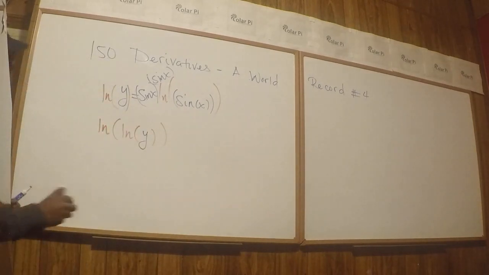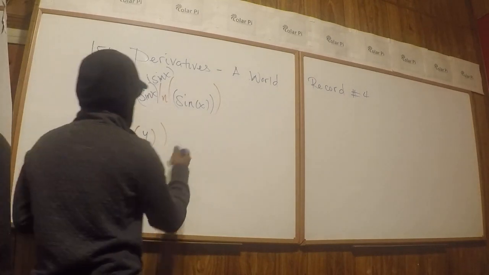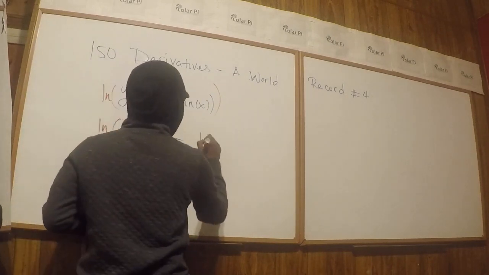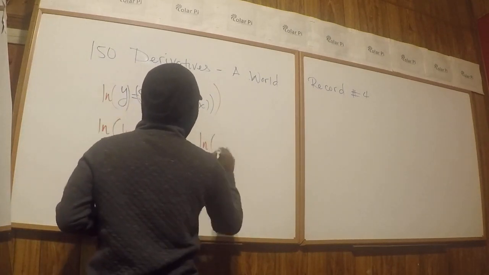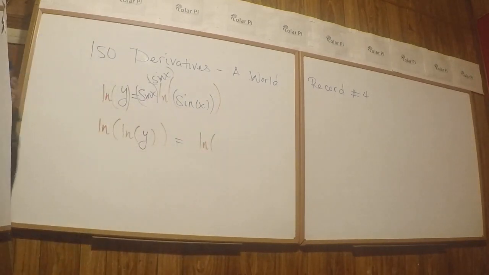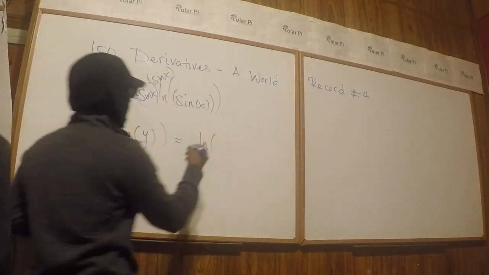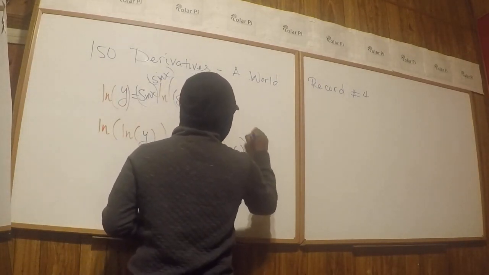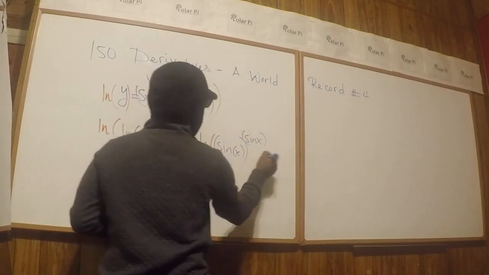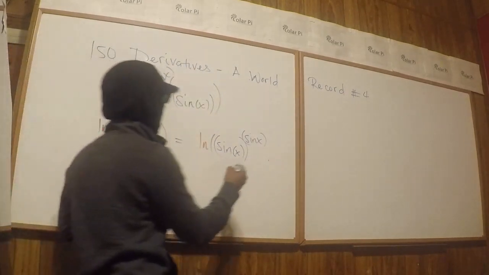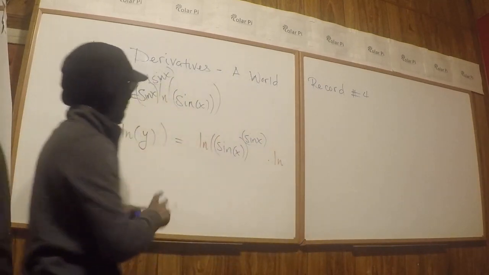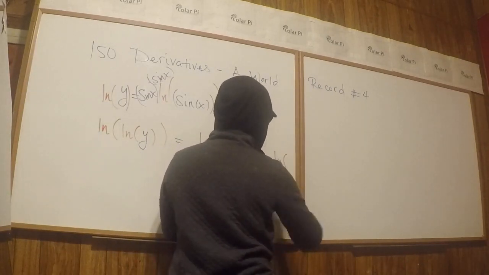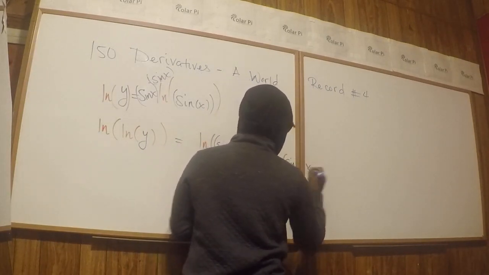And on the right, this is why I don't like color coding, but maybe it's helpful, we'll have the natural log of the whole thing: the natural log of sine of x to the power sine of x, times the natural log of sine of x.